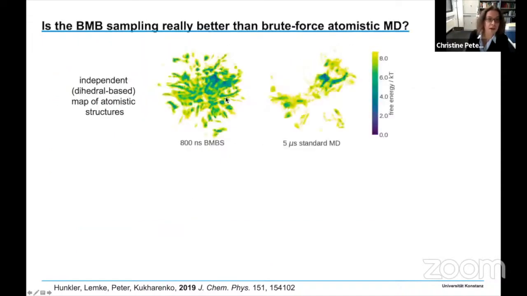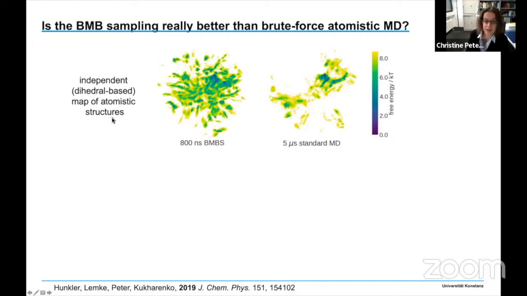So let's first answer this first question. Is the backmapping-based sampling really better than brute force atomistic MD? For that, we have been analyzing our simulation data with an independent approach. In this case, we made a map based on the backbone torsions of the atomistic structure.